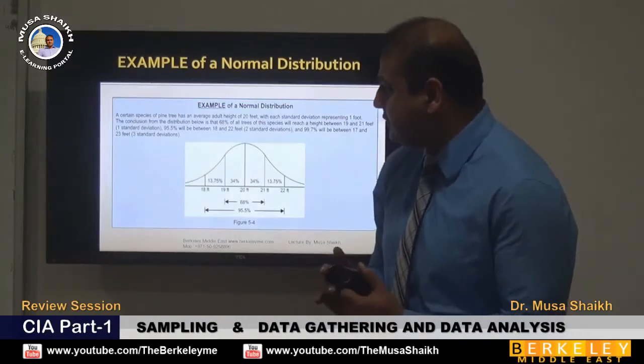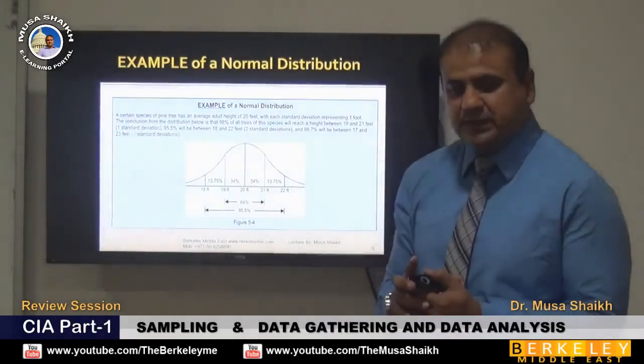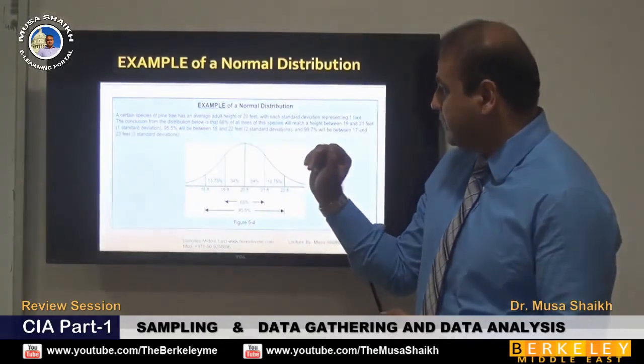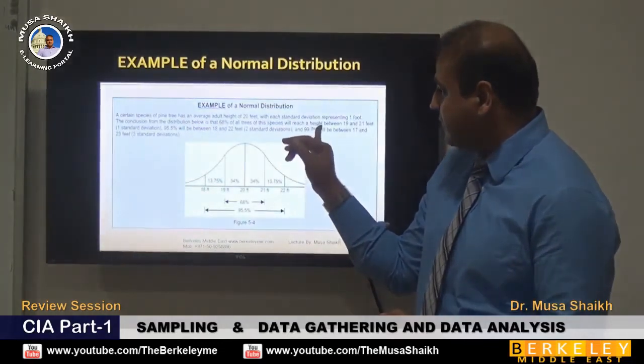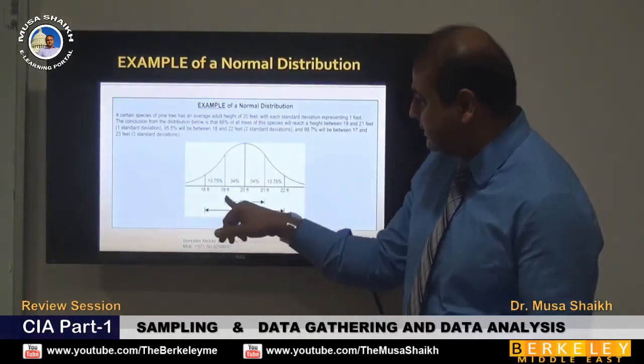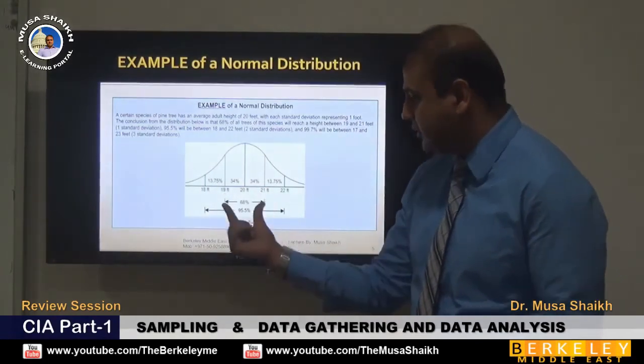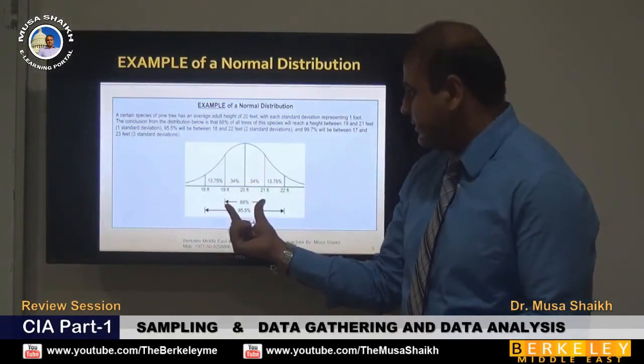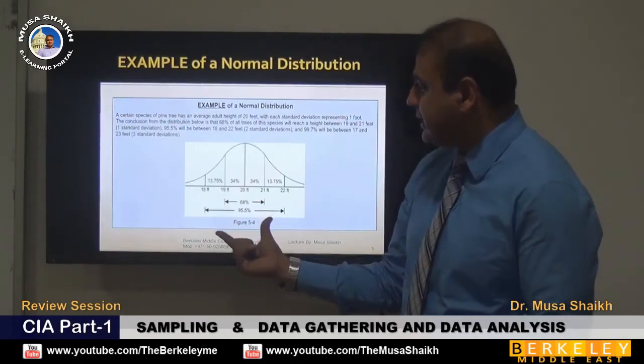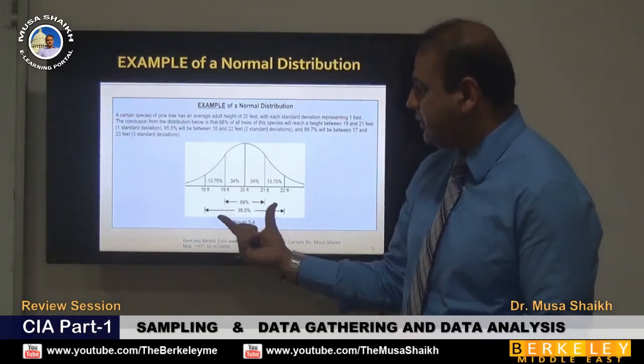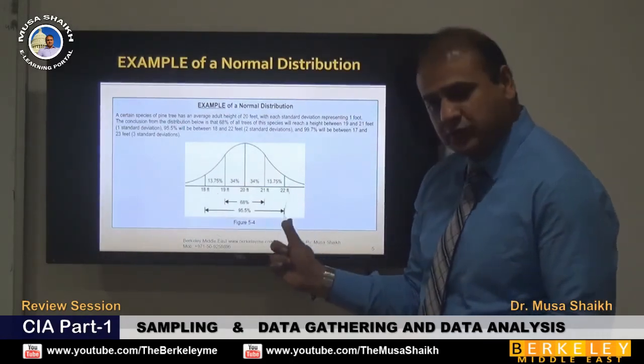The conclusion from the distribution below is that 68% of this species will reach a height between 19 and 21. So he just marked it as 68.